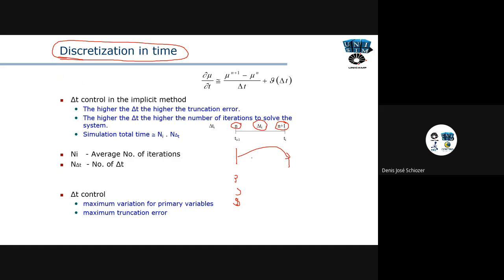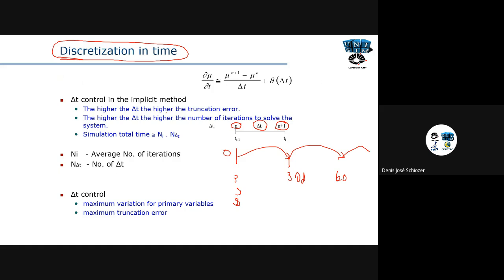For example, if I'm running from 30 to 30 days, I know the solution at time 0 because the reservoir is in initial conditions, which are given. Solving this matrix, I'm going to find the solution for 30 days. Once I find the solution, I'm going to go to 60 days. And once I find the solution, I go again to 90 days and so on. So the simulation will go until the end of the simulation time, the end of the reservoir life, or until the time you are interested in.